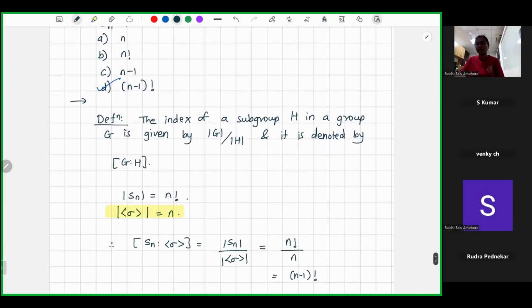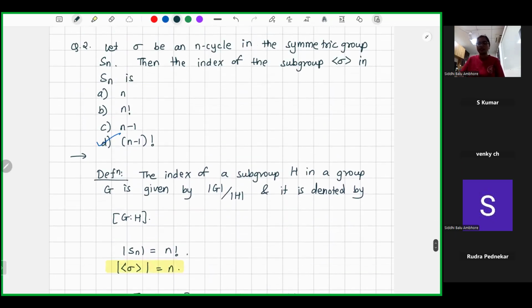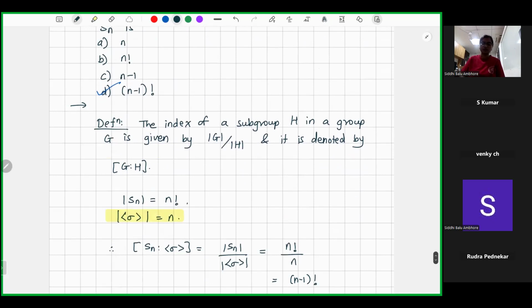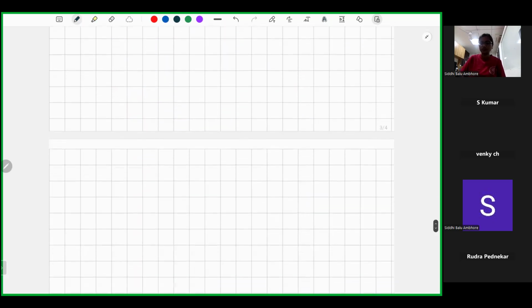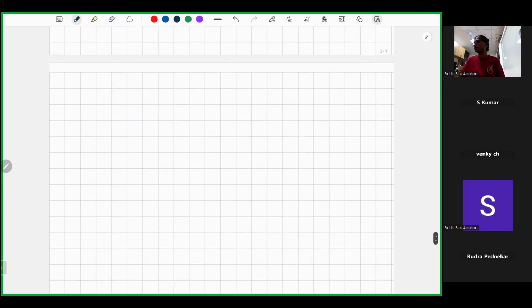This was the only catch in this question. And the definition of index is here, but yeah, nothing else. I hope this was clear. Let's move to the next question then.